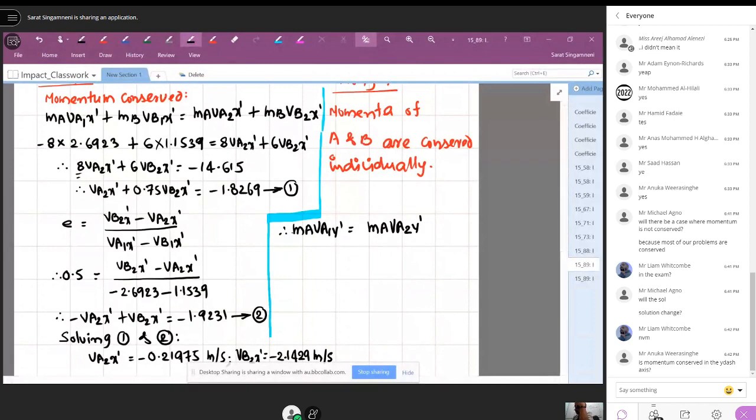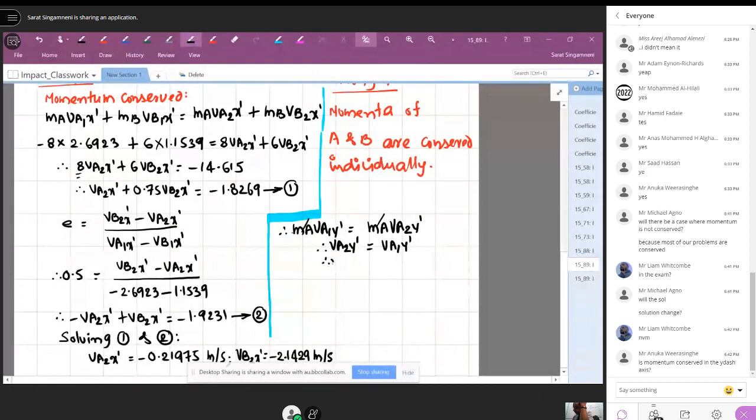But because the masses of A are the same, it means the velocity of A along y after collision is equal to the velocity of A along y before collision.